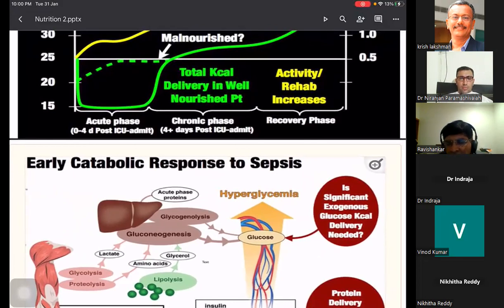They have shown that it is not required to give that. Just like you don't chase urine outputs in post-operative patients, you just give them what is required. You keep them dry, as Dr. Lakshman keeps saying. Similarly, there is what is called obligatory undernutrition. So you just give them 1500 to 2000 kilocalories.